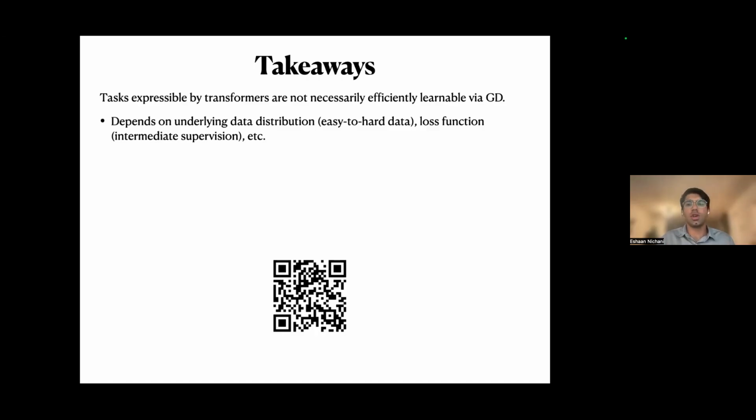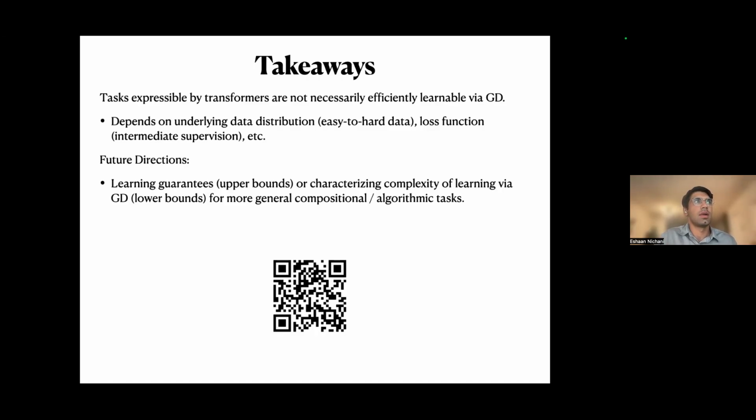And so I think one really interesting future direction is to try to go beyond these expressivity guarantees to prove either upper bounds for learning different sorts of algorithmic tasks via gradient descent, or figure out a way to characterize the complexity of learning via gradient descent for more general algorithmic tasks.